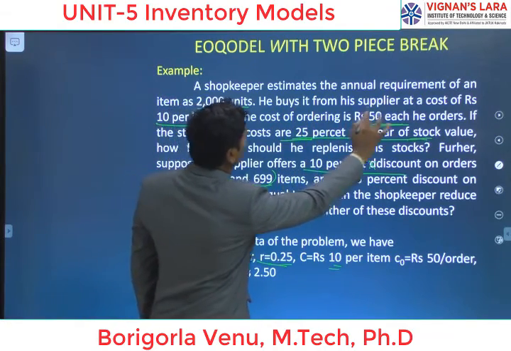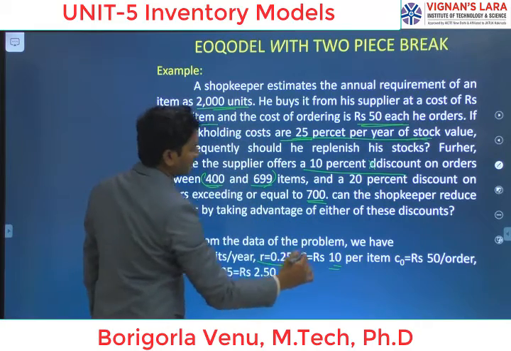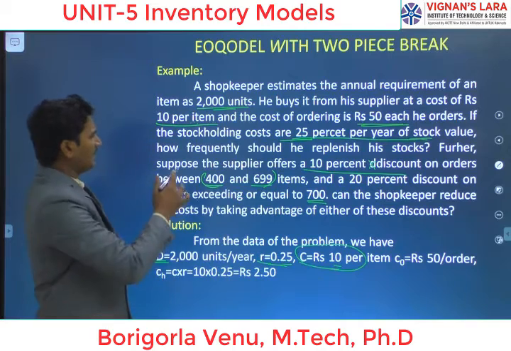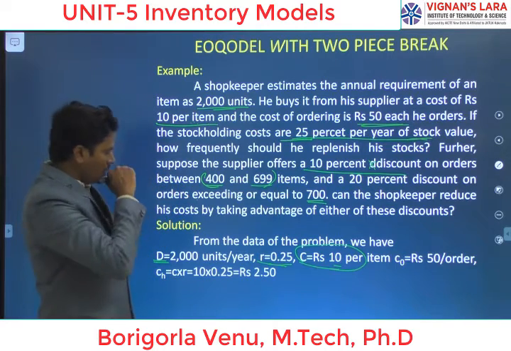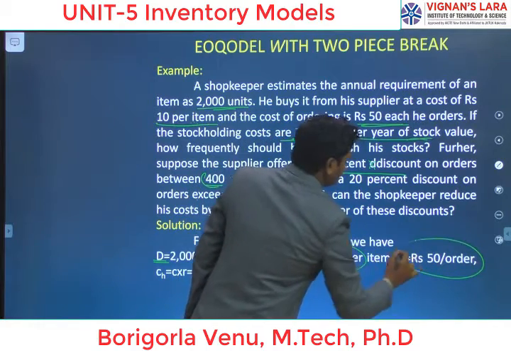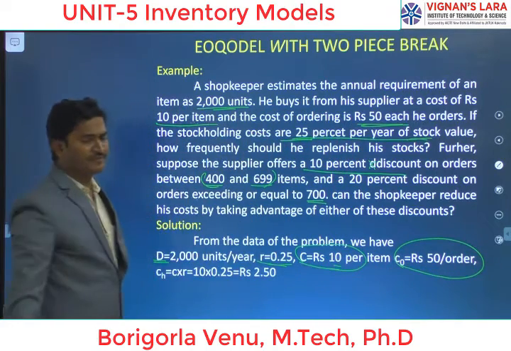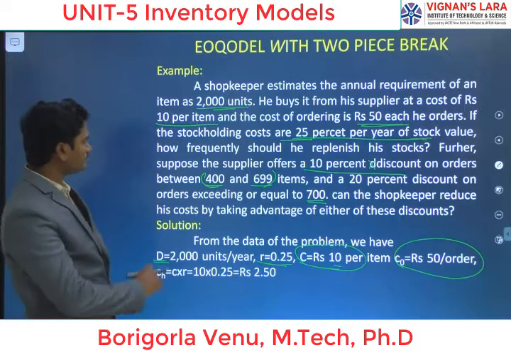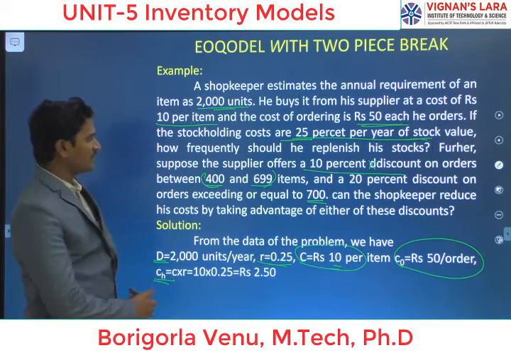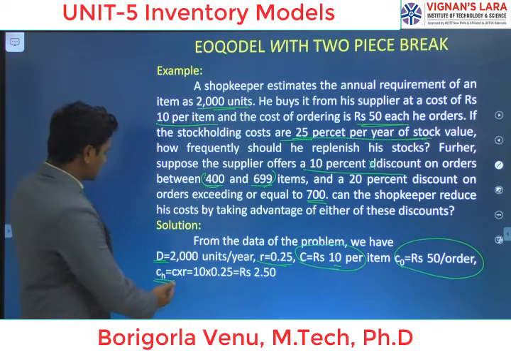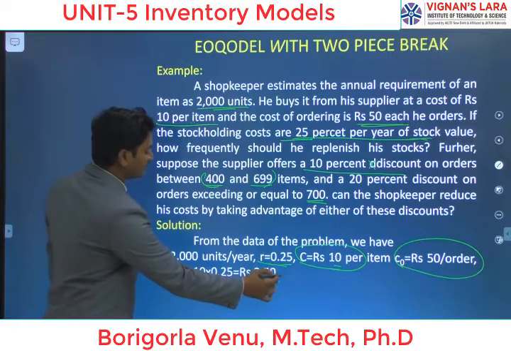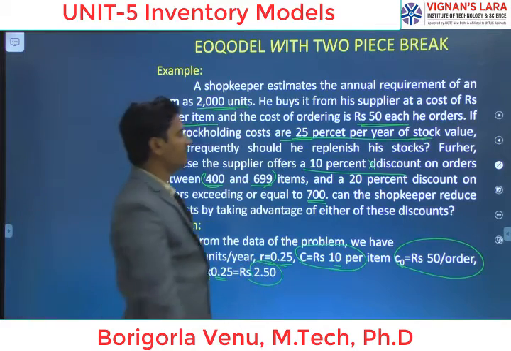He is going to purchase his items at 10 rupees, and the cost of ordering C0 is rupees 50 per order. Okay, CH is the annual holding cost, equal to C into R, that is 10 into 0.25. Each product holding cost is 2.5 rupees.